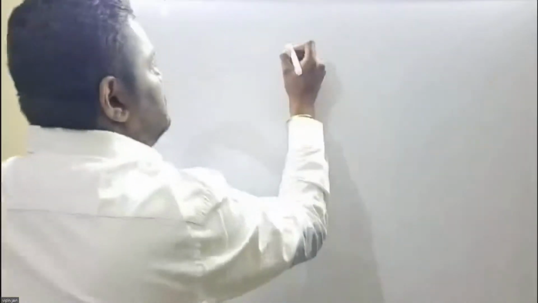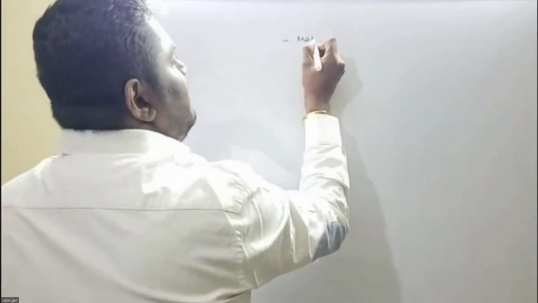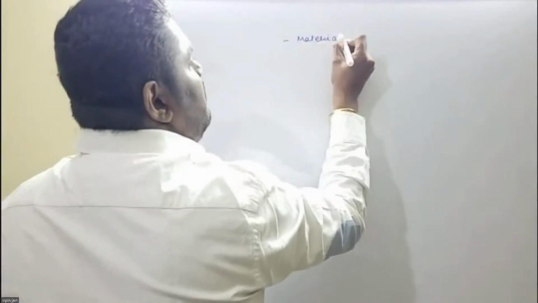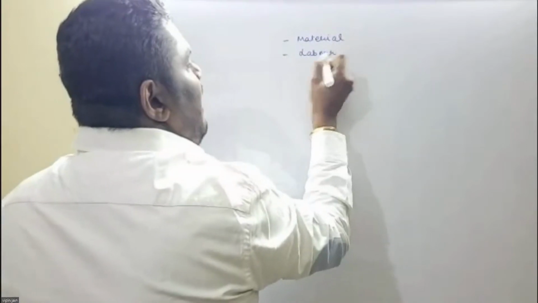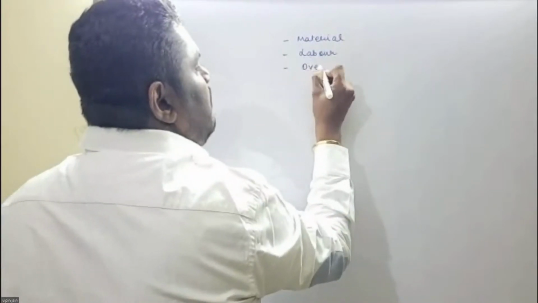So, the first three chapters we will be discussing are the major three elements of the cost: material, labor, and overheads.